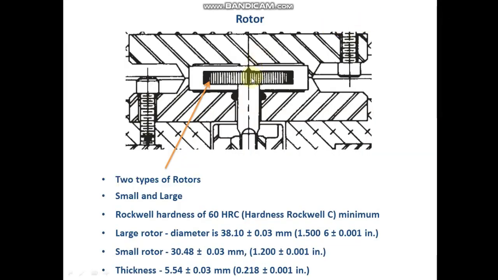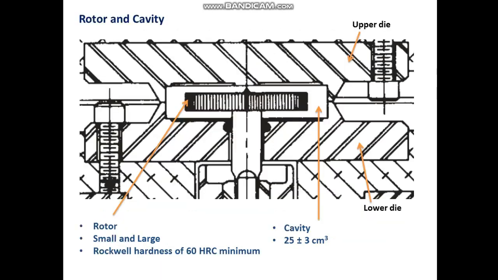These are the specifications of the small and large rotors. For the large rotor, the diameter is 38.1 plus or minus 0.03 millimeters. For the small rotor, the diameter is 30.48 plus or minus 0.03 millimeters. The thickness of the rotors is 5.54 plus or minus 0.03 millimeters.